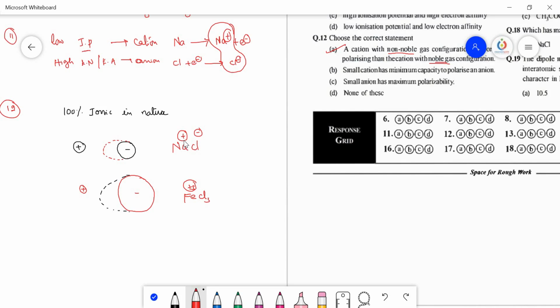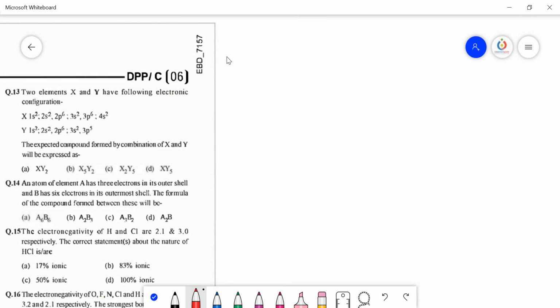But in this case, Na+ ion itself is stable and is not ready to attract more electron density towards its side. So if you compare these two compounds, FeCl3 is more covalent in nature than NaCl.